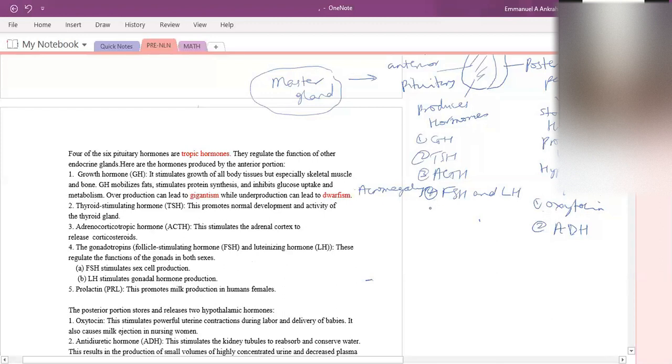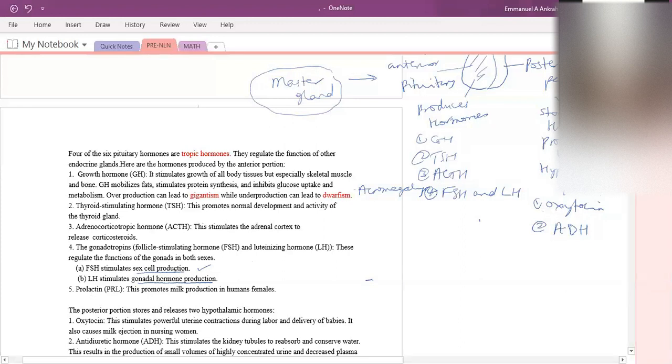These hormones regulate the functions of the gonads in both sexes. The follicle stimulating hormone will stimulate sex cell production. And then the luteinizing hormone stimulates the production of hormones in the gonads. So, gonadal hormone production.